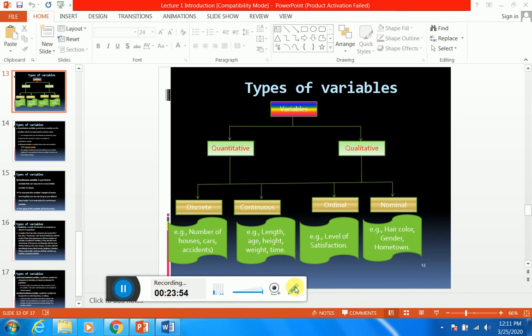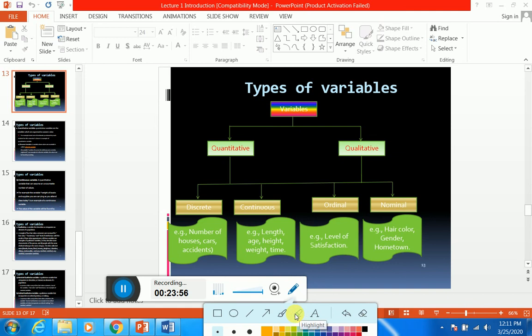Now we have the types of variables. There are two types: quantitative variables and qualitative variables. I have mentioned the explanation in the next slides, which you can definitely study. Here I would like to give you the main idea. In the word quantitative, the word quantity is hidden. It means something which we can quantify.